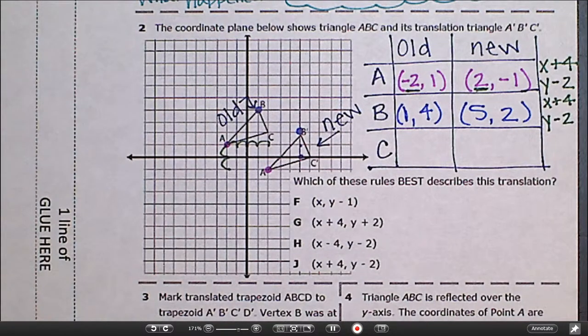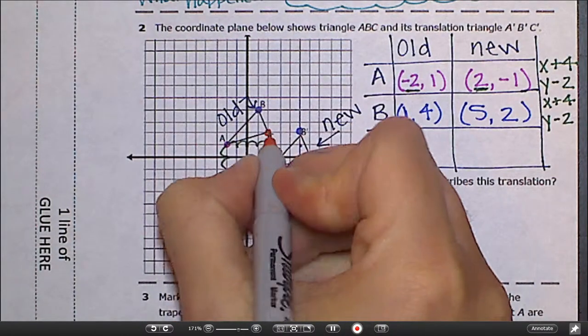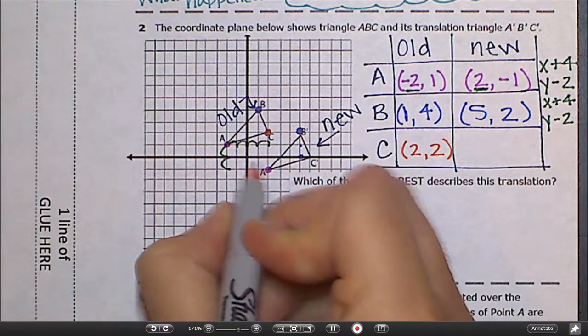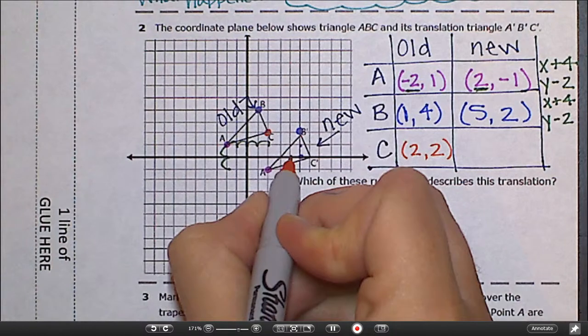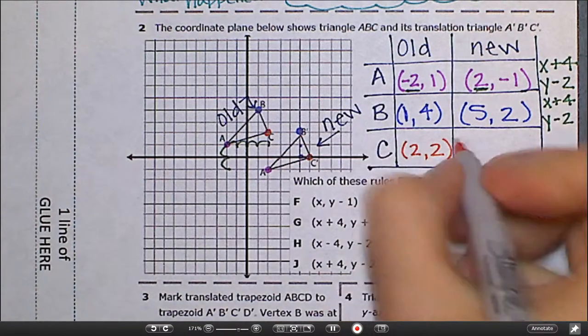And then our last pair of points is C. So C is 2, 2. C prime is 1, 2, 3, 4, 5, 6, 0.